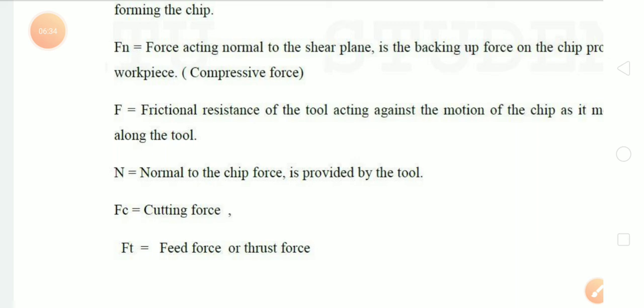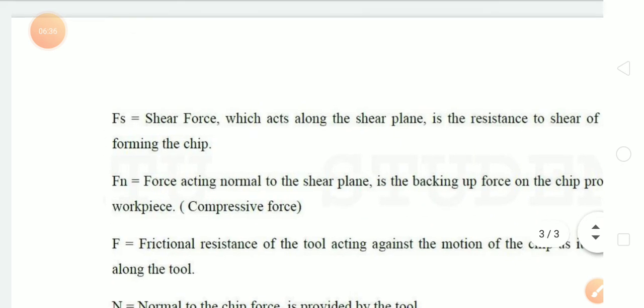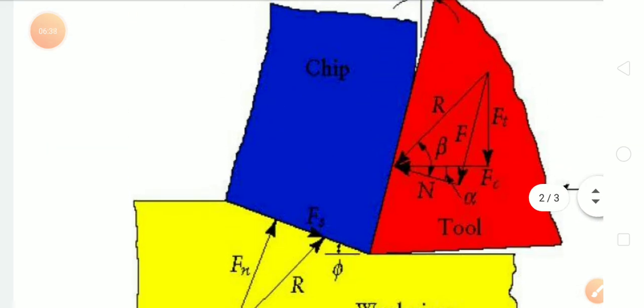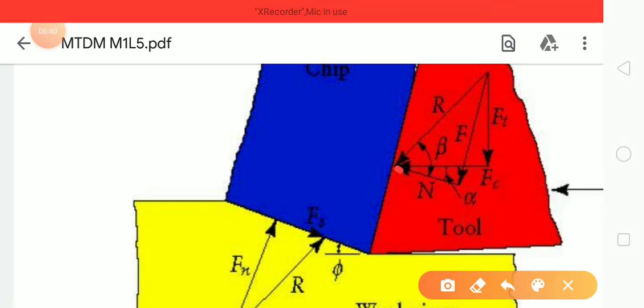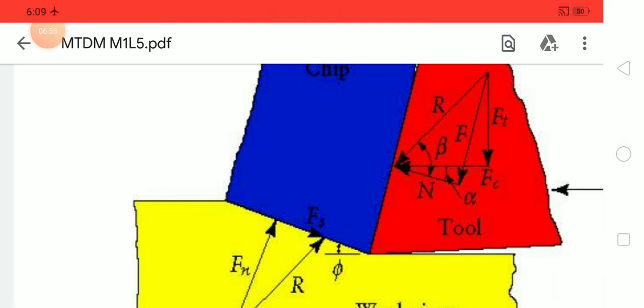Also there is a normal to the chip force that is provided by the tool. That normal is also marked here. This is the normal, and the line which joins the center point of the force Ft and the N is given by F. The angles alpha, beta and phi are marked in the figure, so that you can easily understand where these angles come from.